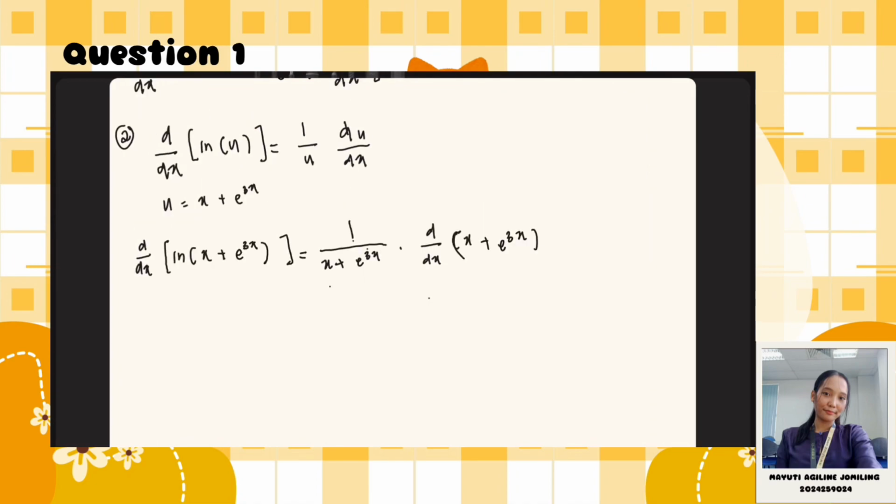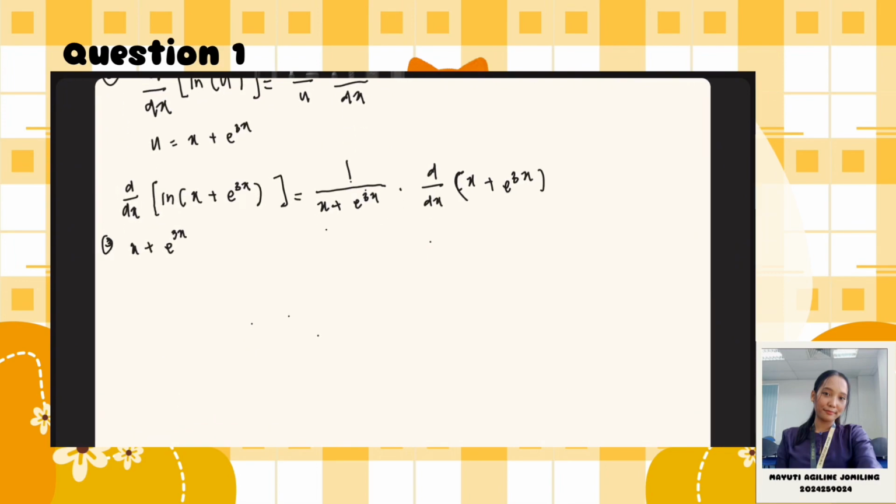Now, in step 3, we must differentiate x plus e to the power of 3x. We differentiate the x first, where d over dx of x is equal to 1. But for e to the power of 3x, we use the chain rule, where d over dx of e to the power of 3x is equal to 3e to the power of 3x.